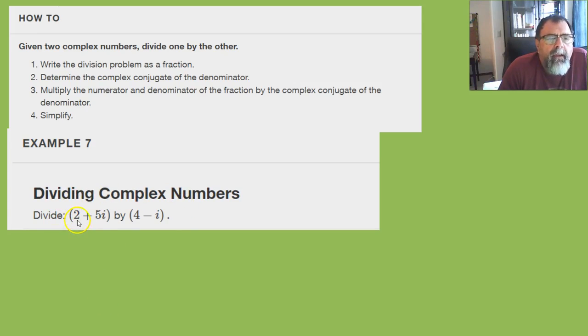Example 7, dividing complex numbers. Divide 2 plus 5i by 4 minus i. So we're going to write the division problem as a fraction: 2 plus 5i divided by, fraction bar, 4 minus i. Remember, the fraction bar means divided by. Now determine the complex conjugate of the denominator.